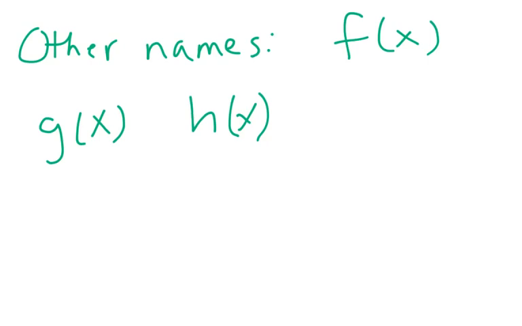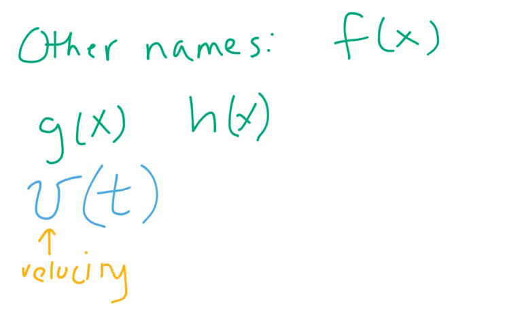Now, in a science class though, you will run into functions and their names will have more purpose. So let's take a look at this. This might be named V for velocity. And so you would name the function after whatever it is you're measuring. So you have some kind of equation for the velocity, and then your variable here would be time.